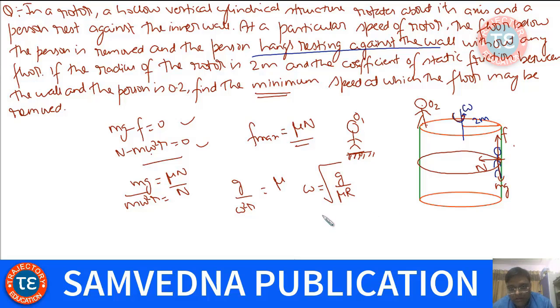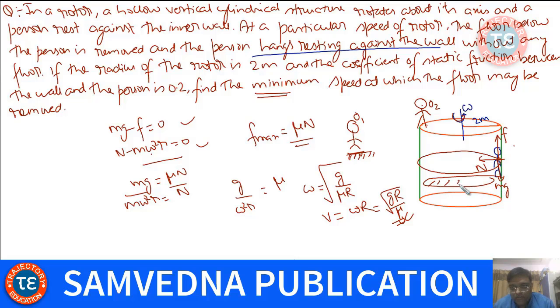Alright, that's the omega. And velocity, if you want, for a person moving in a circular motion, the velocity is omega r. So that will come as the square root of g r upon mu. That's the minimum speed which you must have, right?